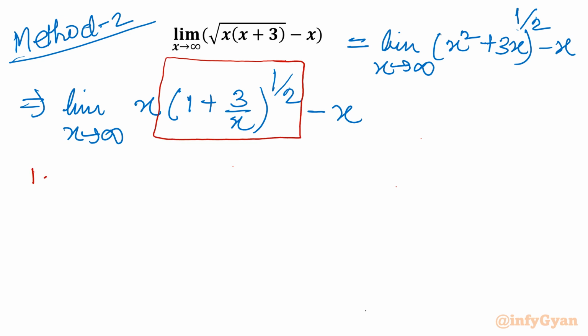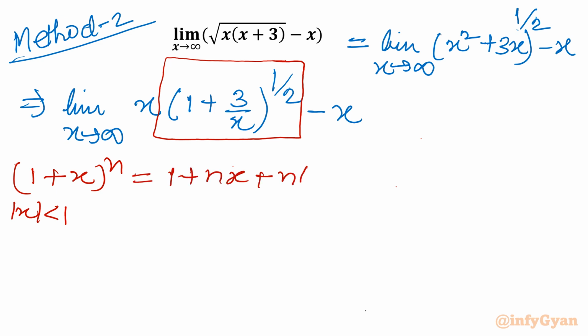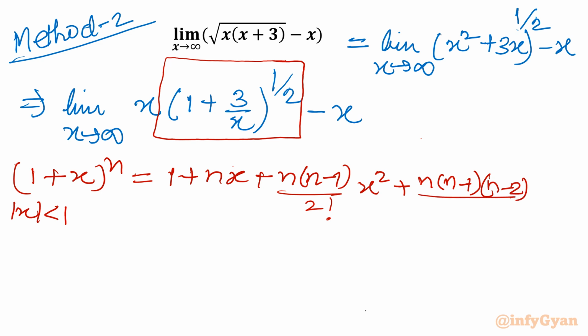So I will write (1 plus x) whole power n, mod x less than 1. This expansion we know: 1 plus nx plus n(n minus 1) over 2 factorial into x square plus n(n minus 1)(n minus 2) over 3 factorial into x cube, and so on up to infinity.